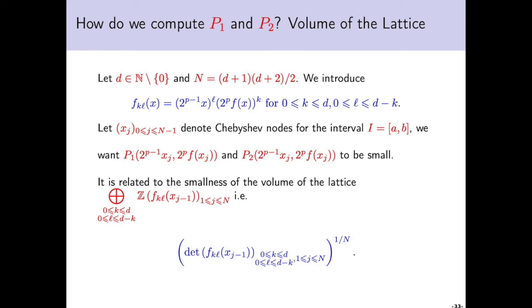So now my work is to prove that the volume of the lattice can be made as small as desired. Because if it's the case, I am sure that my vectors will be small. Okay? So my P1 and P2 will be as small as I need.